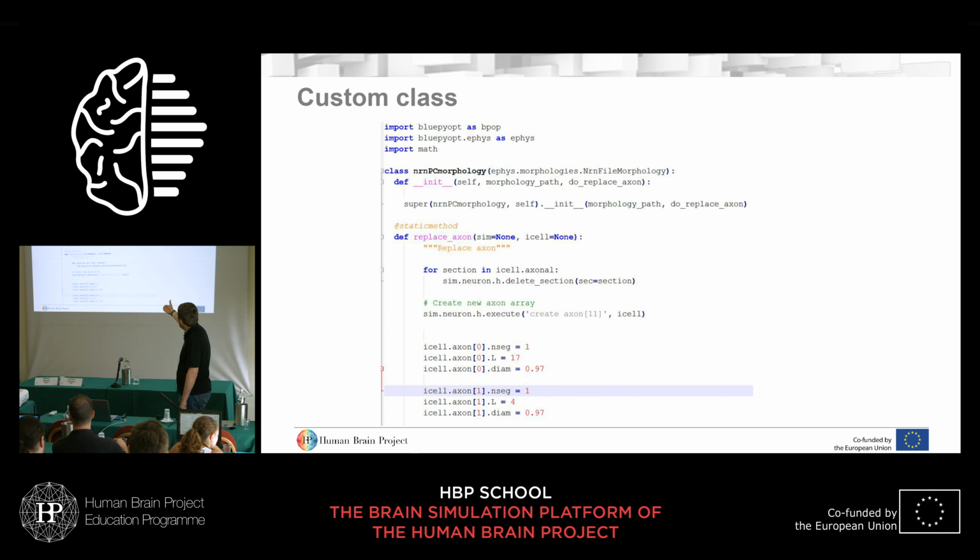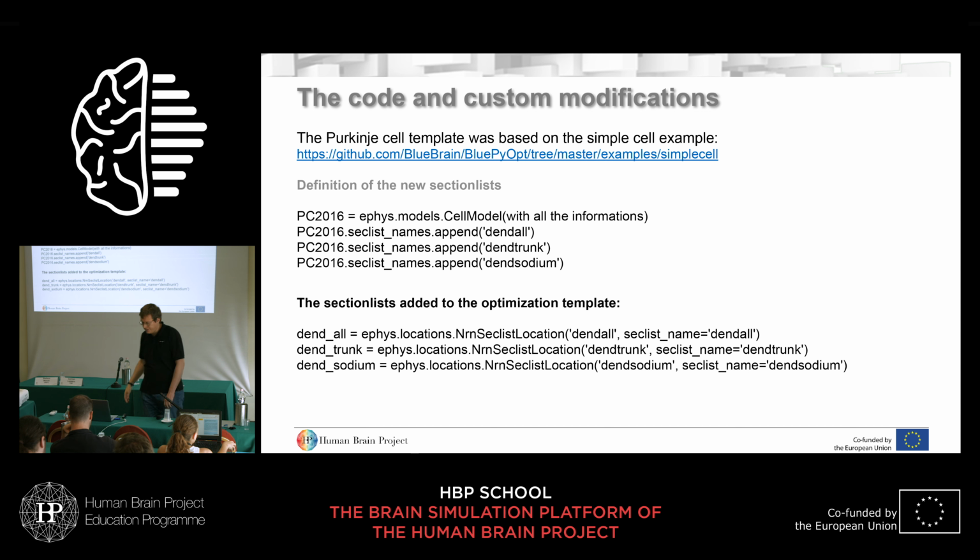For example, in this case, as you can see, axon 0, axon 1 is the initial segment and the para-initial segment, and the original code goes on with first myelinated section, node of Ranvier, and so on. It's a long list, over 12 lines long. So if you want to take a look at what I've used as a starting point for doing an optimization, on GitHub there is a directory with an example, which is simple cell.